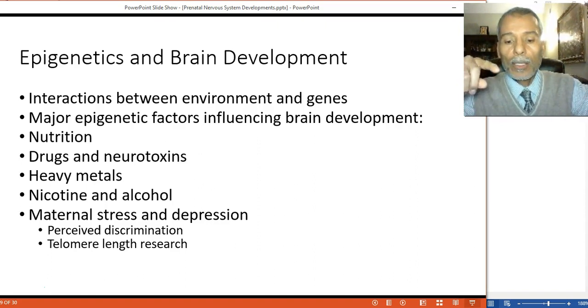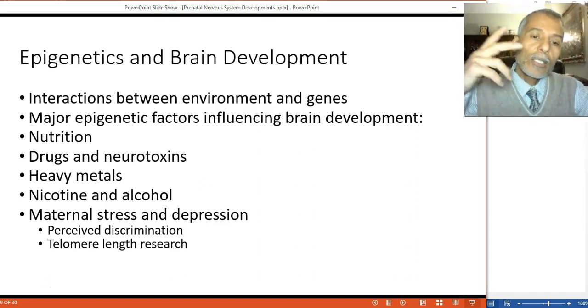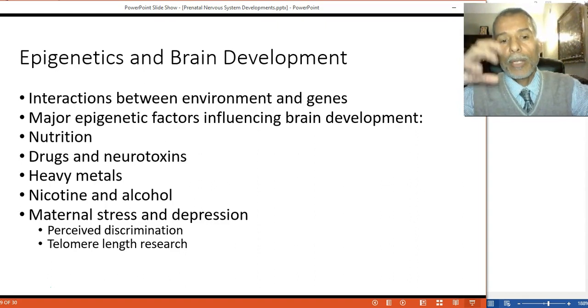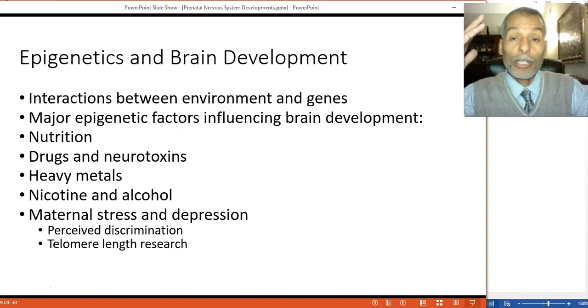The elevated stress response of the mother passes on to the baby, and the baby, when tested even 6 weeks after birth, has that elevated stress response. And that, of course, leads to temperament abnormalities.